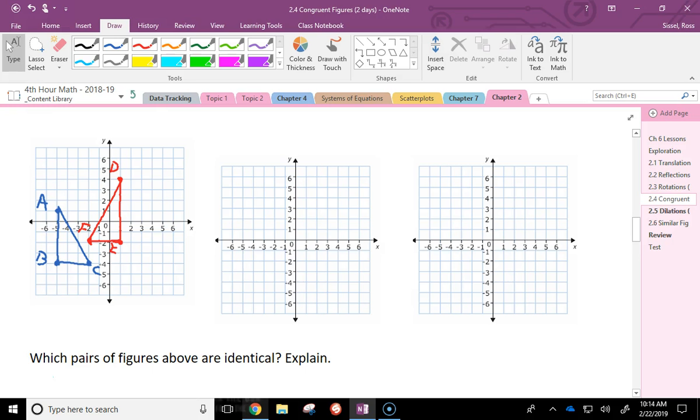If you think they're the same size, you need to tell me they're the same size, but you have to be able to prove it to me. If you think they are not the same size, you need to be able to prove it to me. Did everyone get paper? Alright.